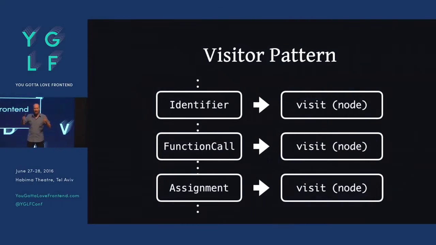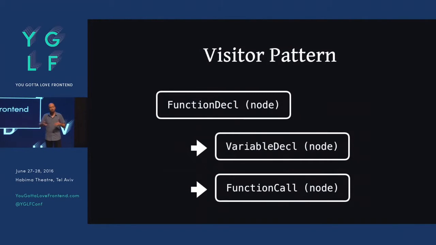You can stack up visitors one on top of each other. Mostly you can even run them in parallel, independently from each other. And you can also nest them. So you can create a visitor which in its visit function actually runs other visitors on its subtree.